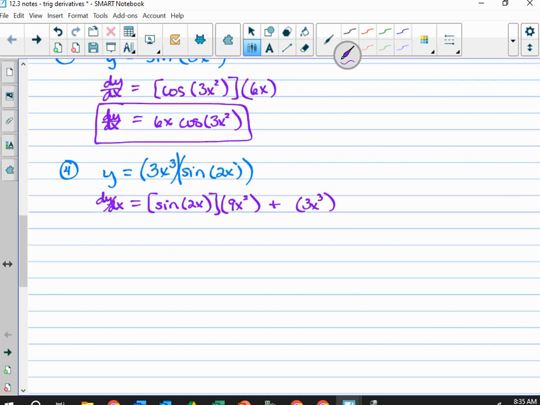So what's the derivative of sine? So I've got cosine of 2x. And then what's the derivative of 2x? 2. So the final answer is 9x squared times sine of 2x plus 6x cubed times cosine of 2x.